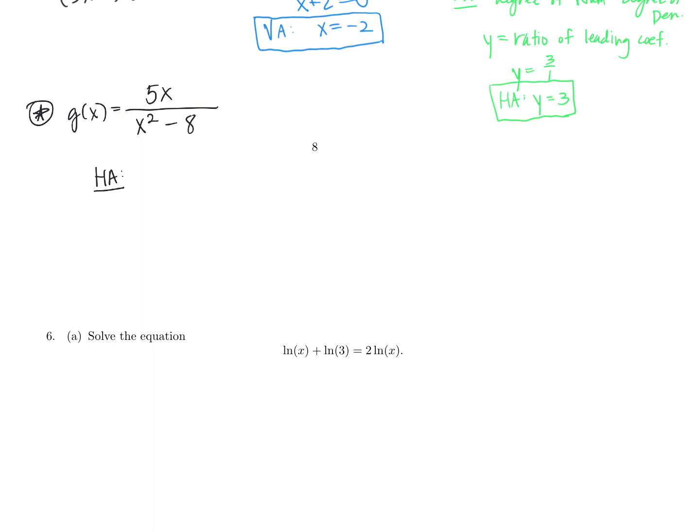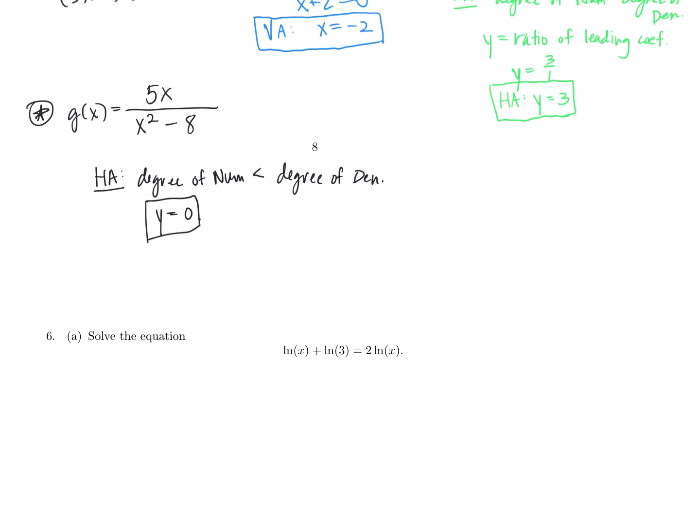You look at the degree. The degree of the numerator is 1. The degree of the denominator is 2. So the degree of the numerator is less than the degree of the denominator. If that is the case, then your horizontal asymptote is always y equals 0. You don't have to do any work at all. You just know it's y equals 0.